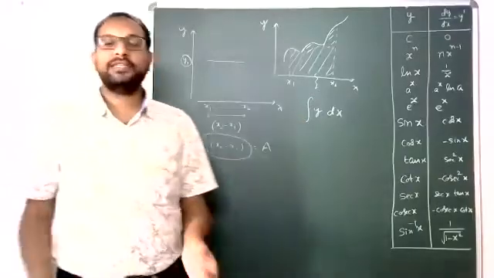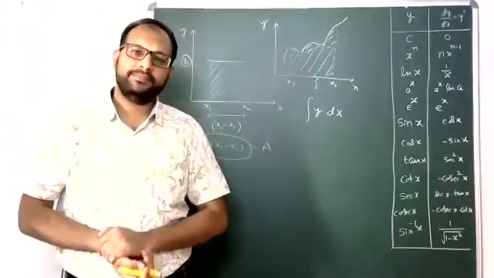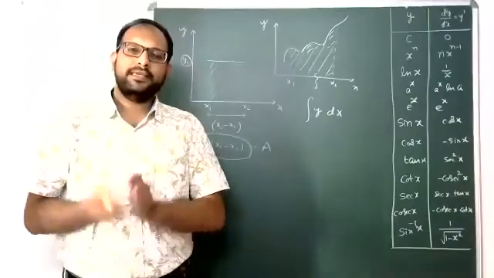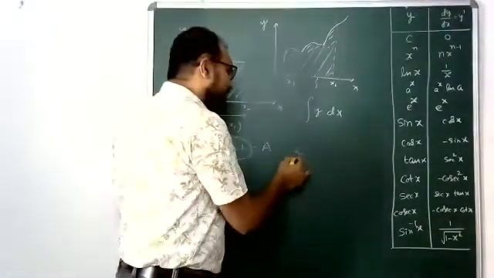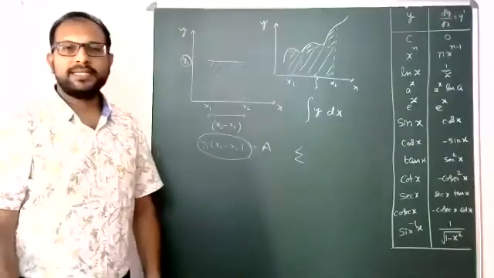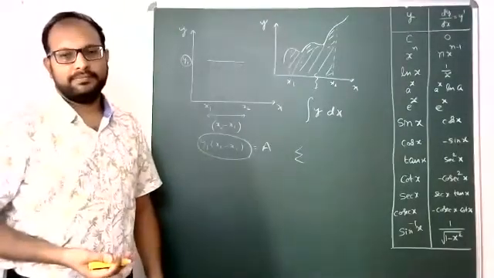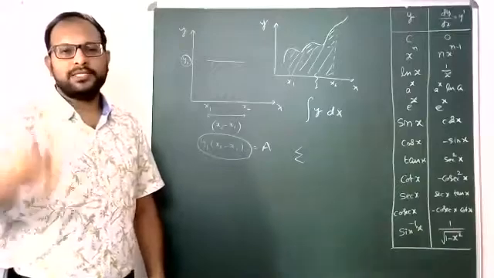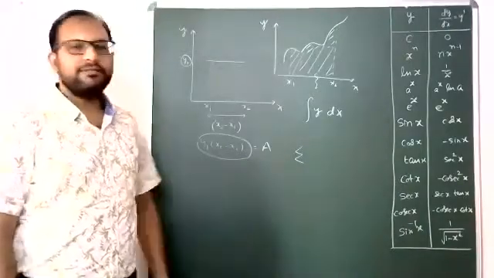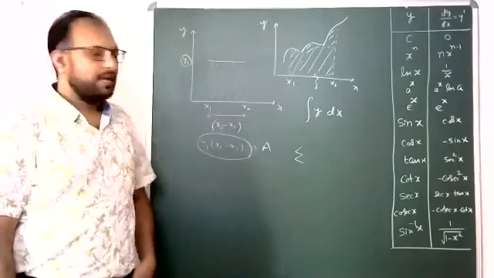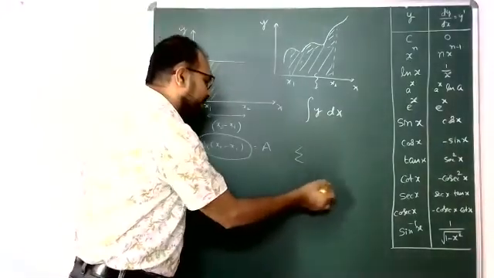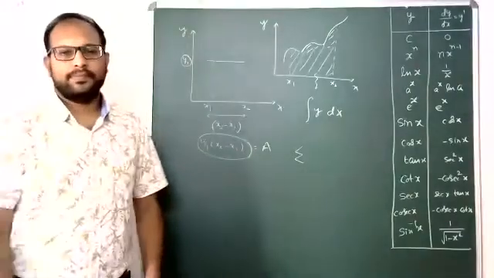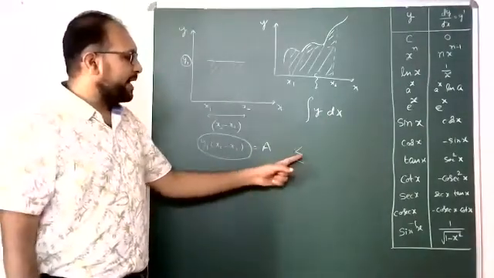Integral, students, is not a new thing. In mathematics, what does this sigma represent? Sigma is nothing but a summation, addition: 1 plus 2 plus 3 plus 4, like that. This is the symbol for addition. Suppose all discontinuous numbers are there, that addition is represented by this sigma.